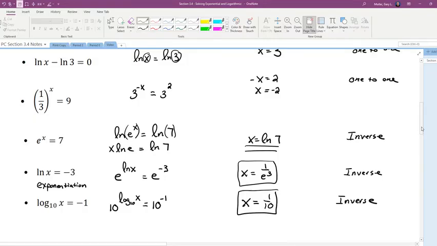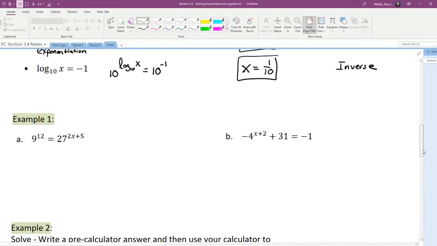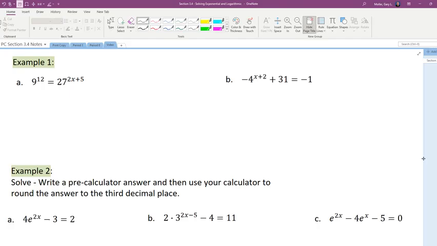All right, so let's keep going. Let's apply some of these, either the one-to-one or inverses, to answer the question of what is x. So really just look for the most efficient way. In this case, I wouldn't bother with taking a logarithm, because I'm noticing that 9 and 27 come from the same base of 3.